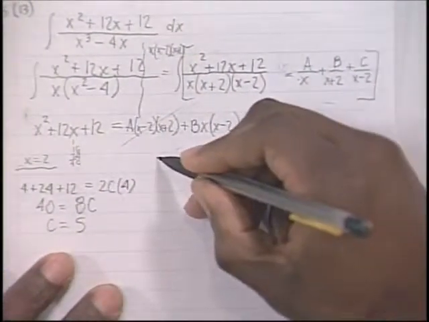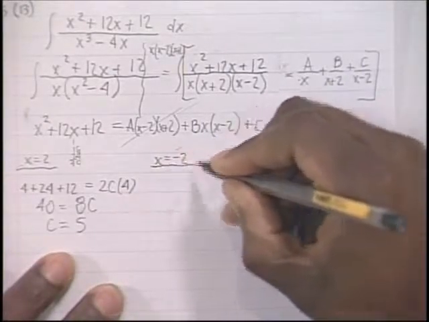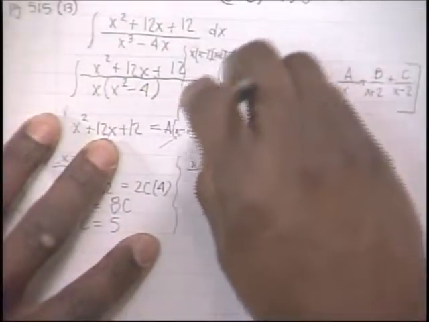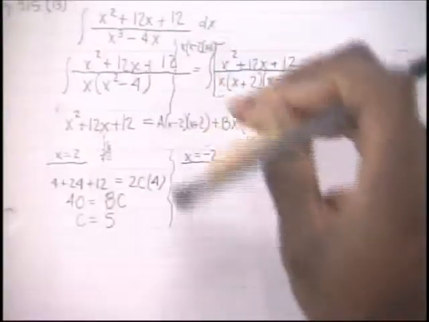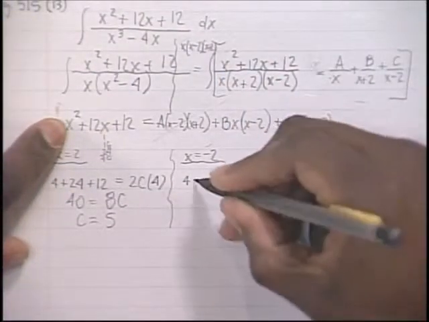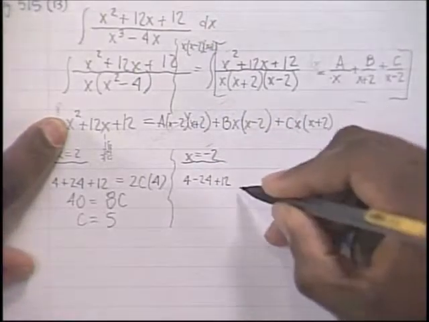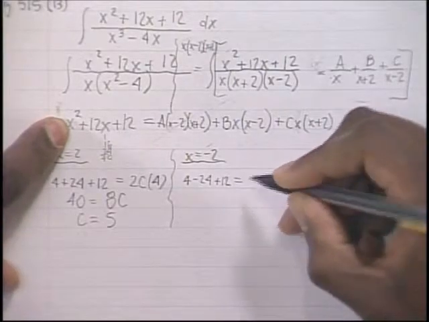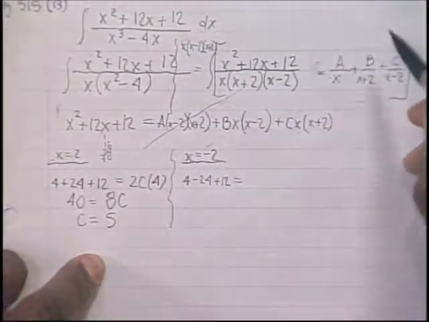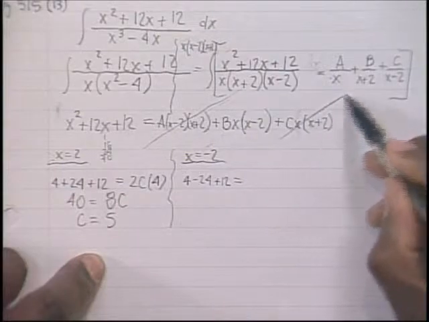Let's substitute in x to be -2. You'll see why in a minute. If you put in a -2, you end up with 4 minus 24 plus 12 is equal to, if you put in a -2 over here, that would go away.